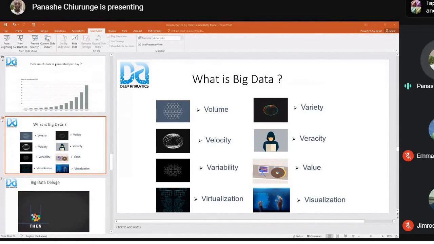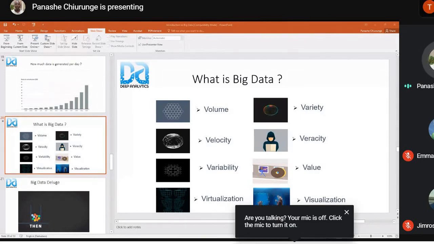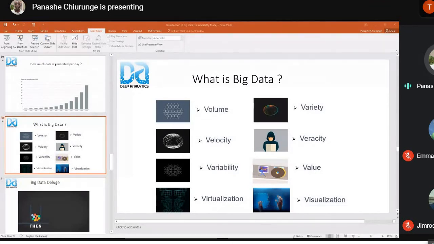And then velocity. Velocity has got to do with the speed at which data is generated. We looked at what happens every 60 seconds, which is an example of the velocity of the data.